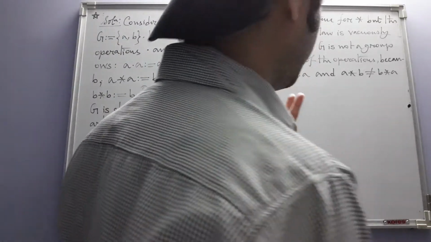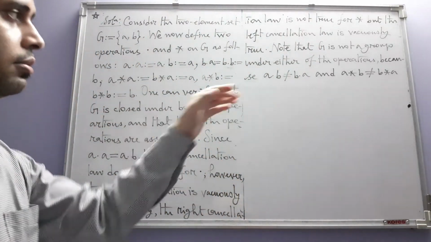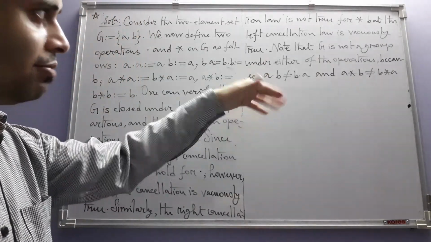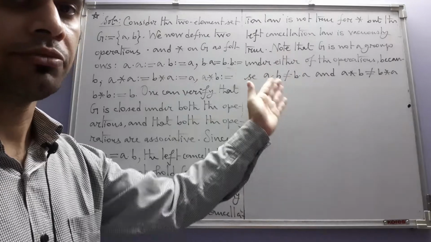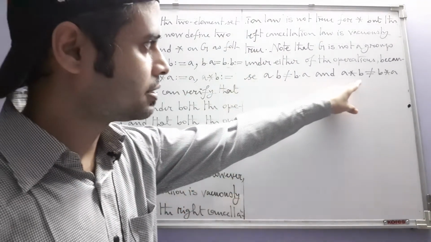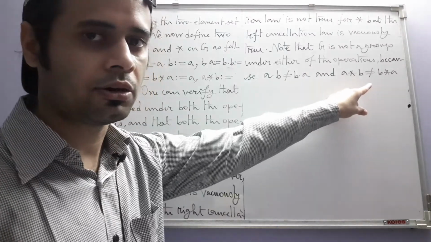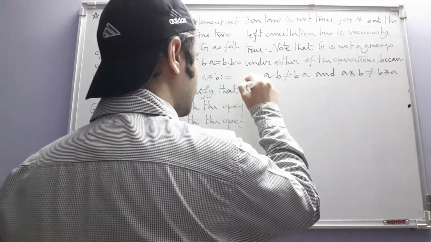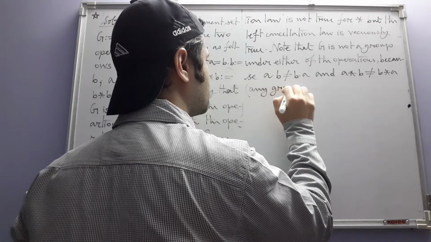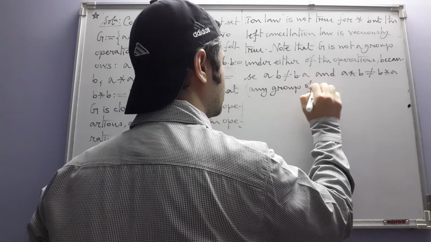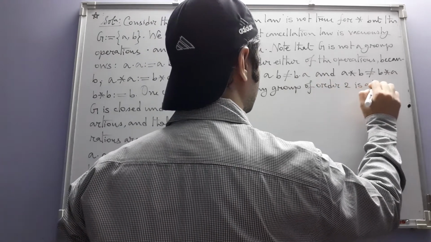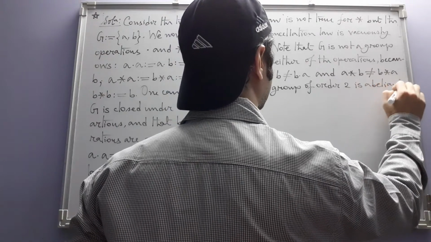And what problem does that make? Here we encountered the problem that if these systems are groups, if any one of them is a group, it has to be abelian. However, we can see that the operations we have defined are not commutative, and that is because any group of order 2 is abelian.